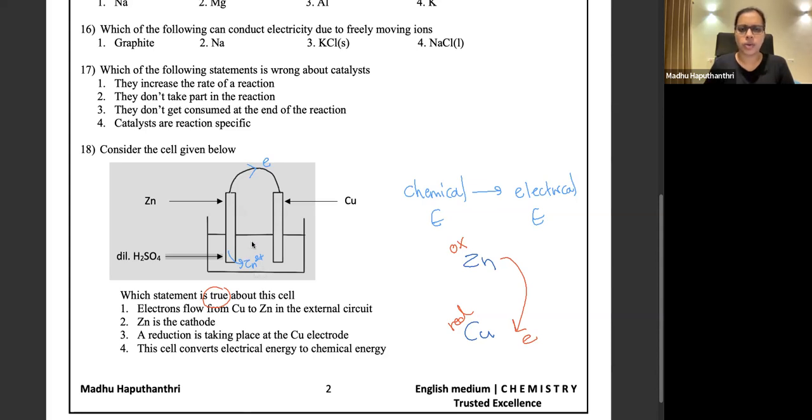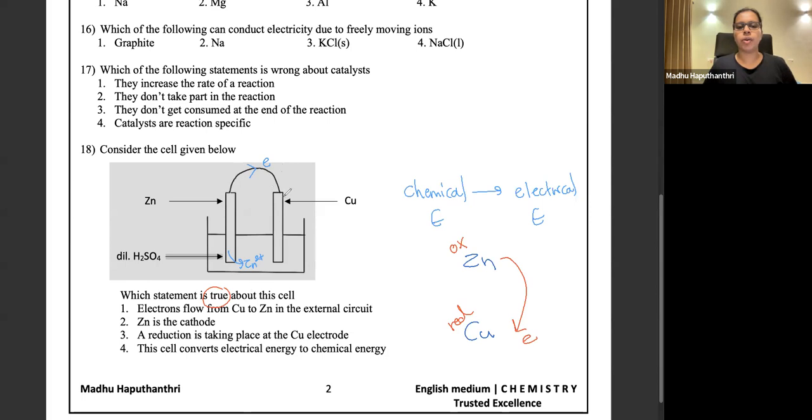Can't it release electrons also to the solution? No, never. What is the basic concept? Electrons cannot swim. Therefore, electrons are not released to the solution. They are circulated only through the external circuit.